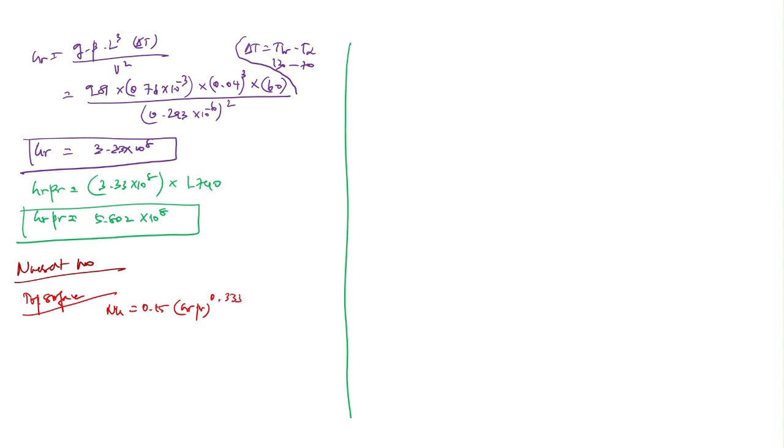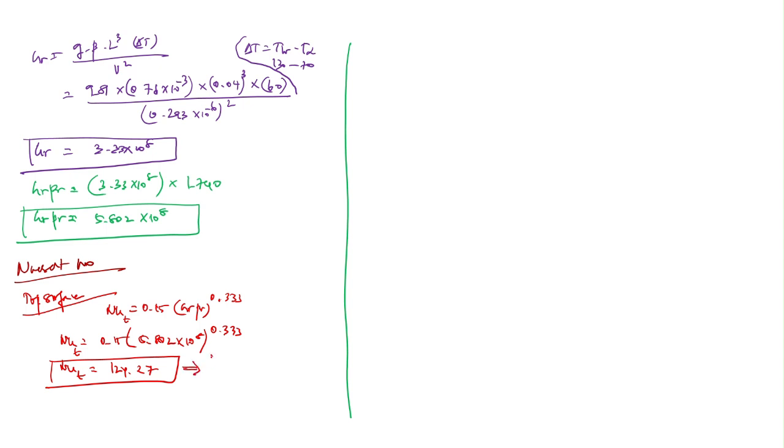So this is exactly suitable. GrPr is 5.802 into 10 to the power of 8, whole power 0.333. We are getting the Nusselt number at the top surface, which is equal to 124.27. From the top surface Nusselt number, you are going to find the heat transfer coefficient.